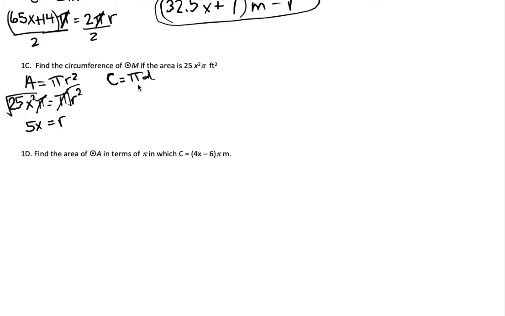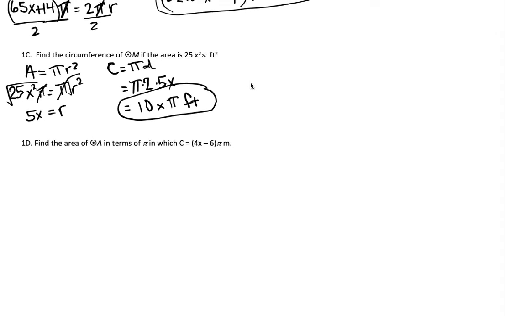So my circumference is going to be pi times diameter. Well, diameter is just 2 times radius. So pi times 2 times 5x, which gives me 10x pi feet.